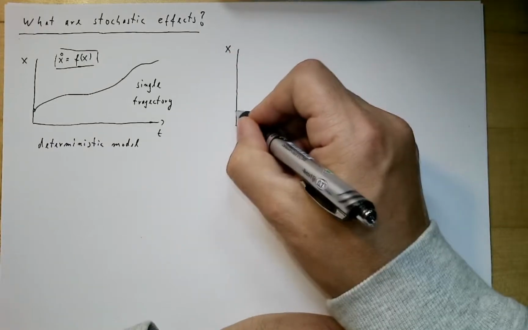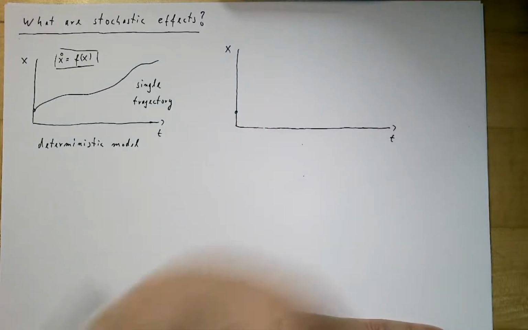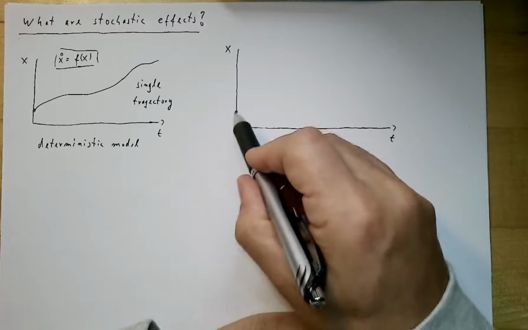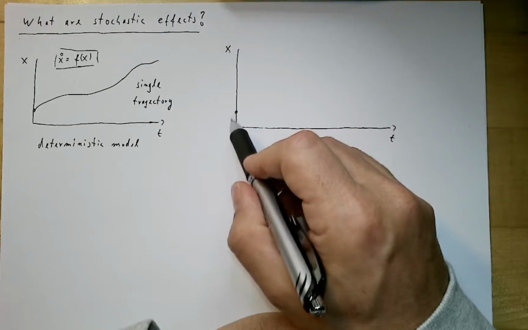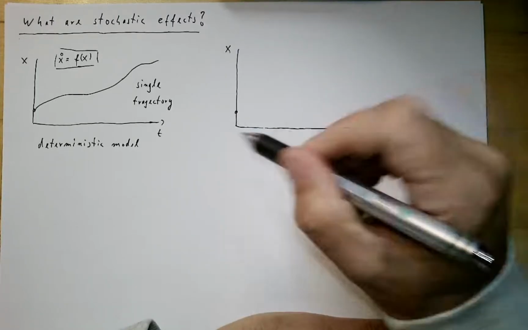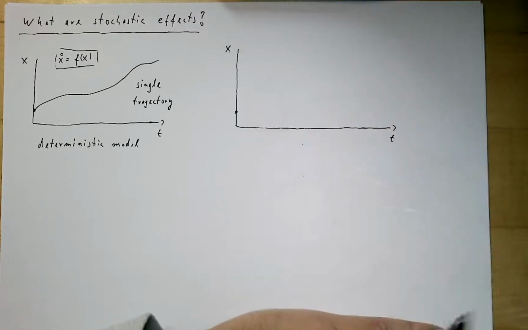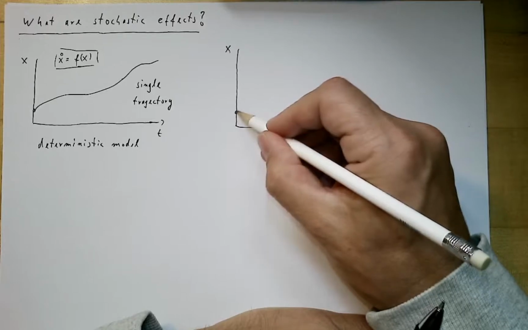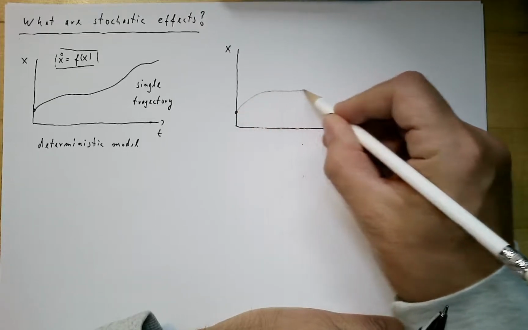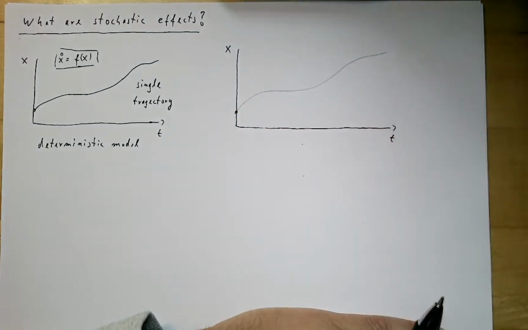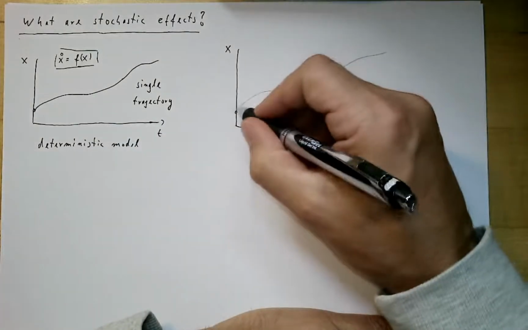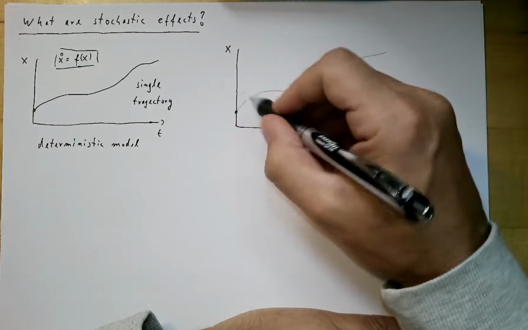We start, maybe we can prepare our experiment so that we can start at a precisely defined state at time 0, and then we run the experiment. Then maybe let me put in here the solution to our model. Maybe this was the model here on the left side, and we run the experiment.